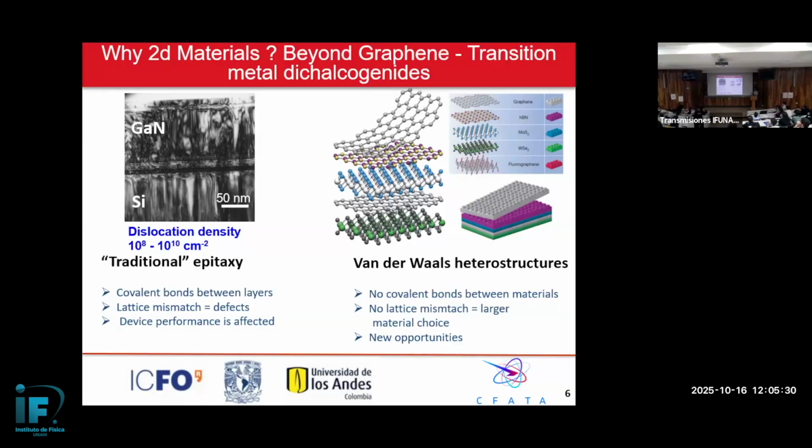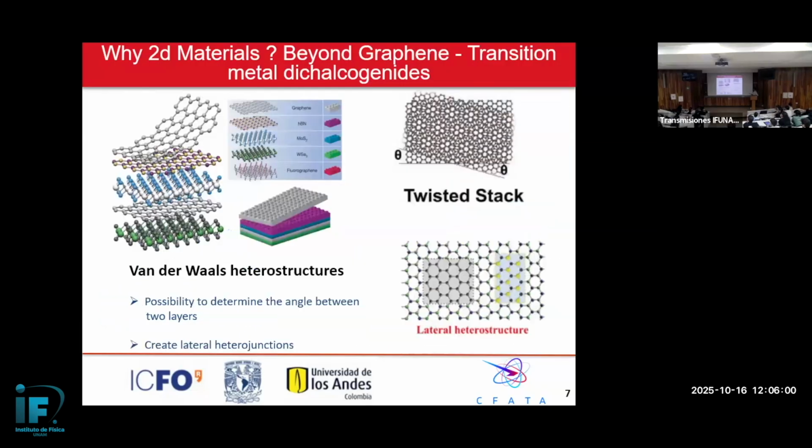Because you can play with flavors and properties of these different materials. So you can have metals, even 2D magnets, semiconductors, whatever you can imagine. This configuration can be named van der Waals heterostructures, since the layers are just interacting by van der Waals forces.